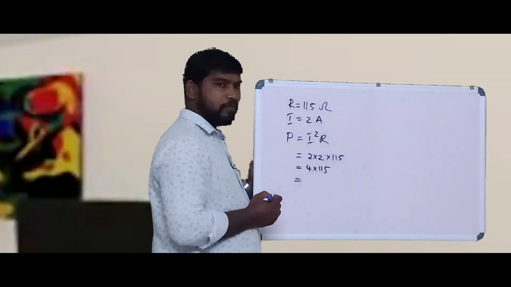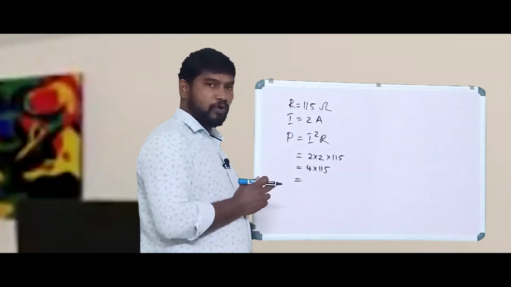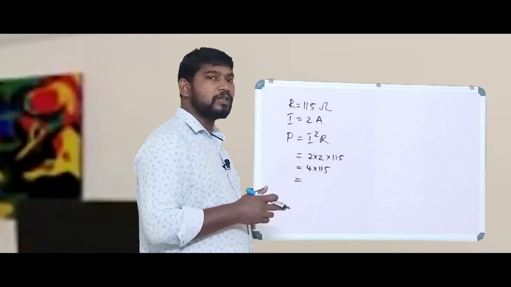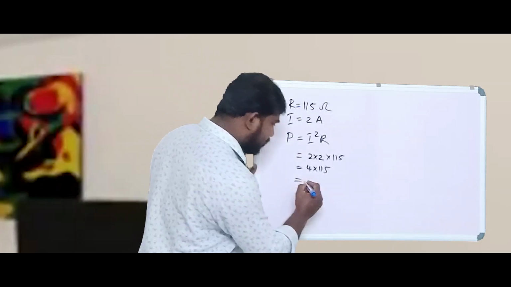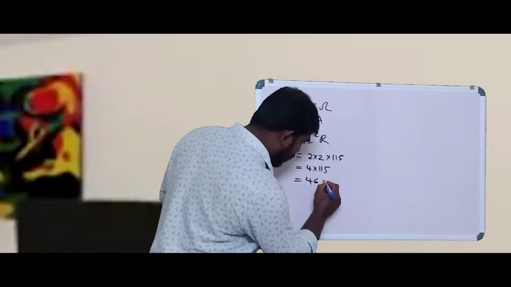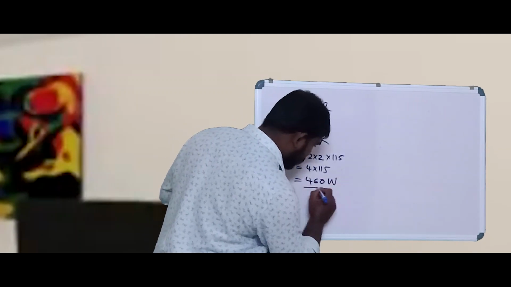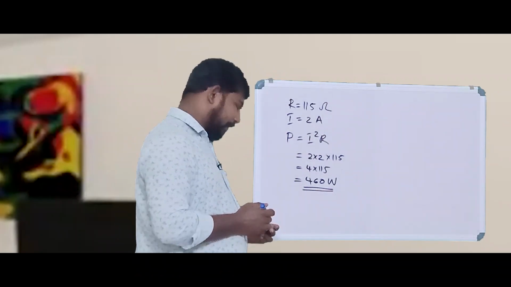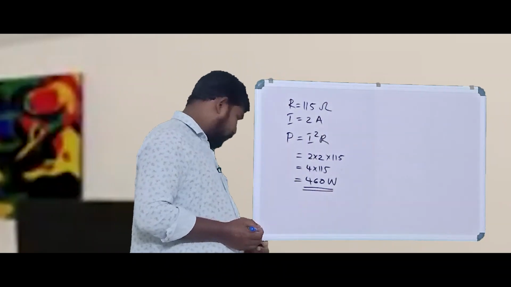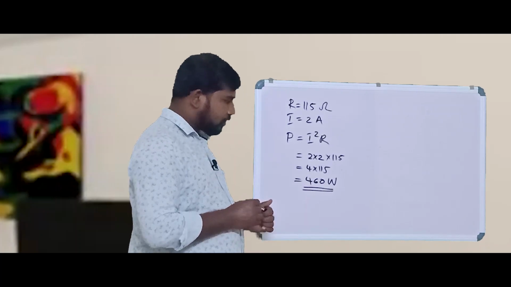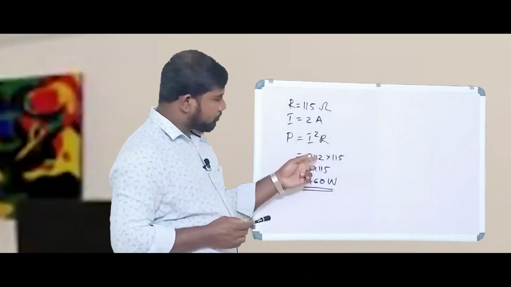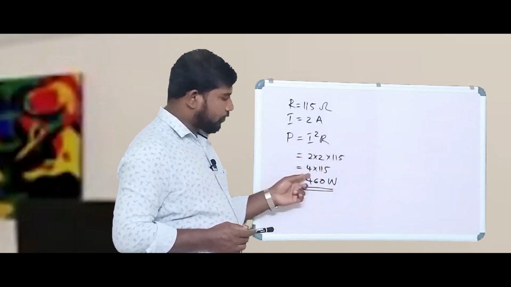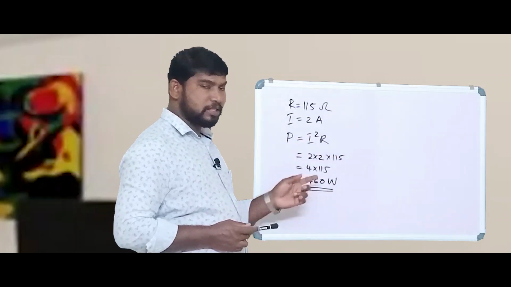What is 4 into 150? 4 into 100 is 400, and 50 into 4 is 200, so it is 600 watts. That is a simple calculation, I square R, 2 into 2 into 150.